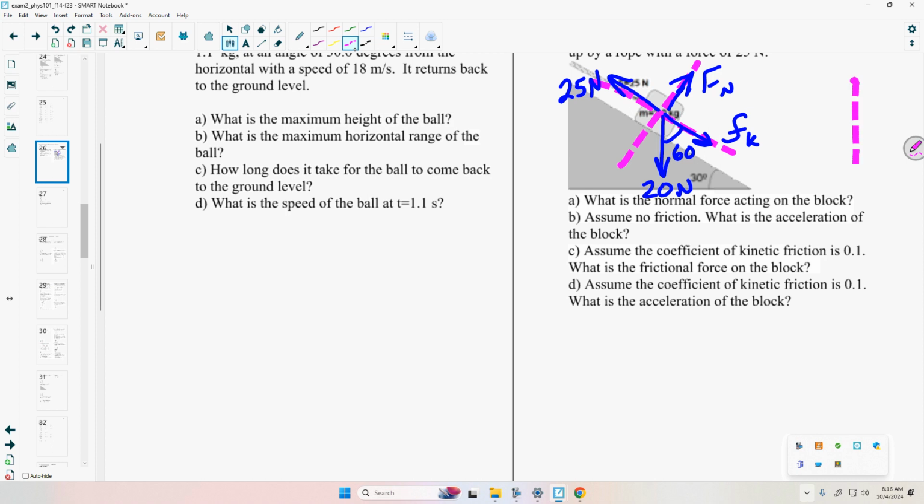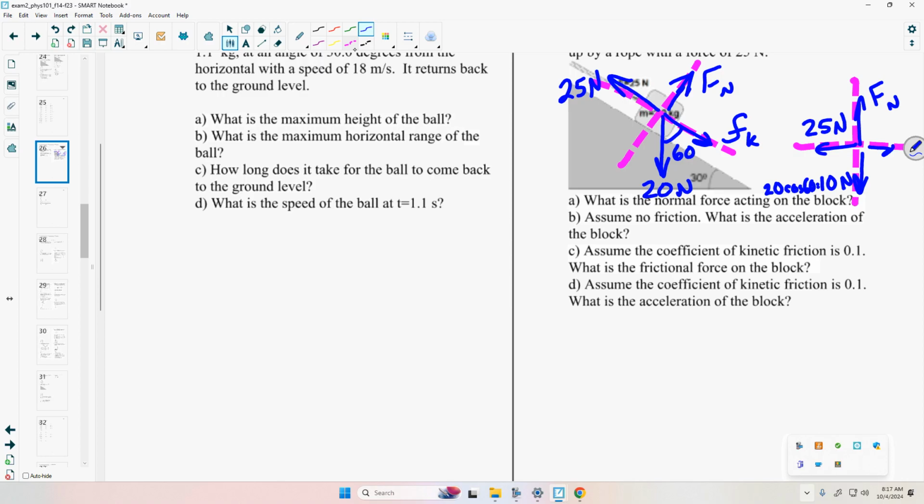resolve my vectors. I'm going to do it right here. Fn, that's already on the x-axis. This is 25 newtons. This is 20 cosine 60, which is 10 newtons.